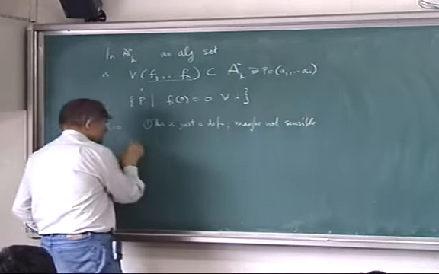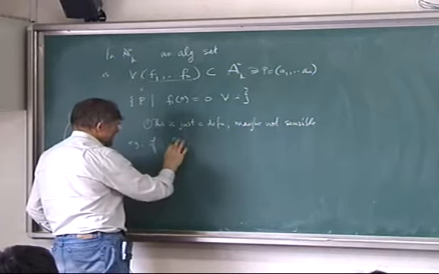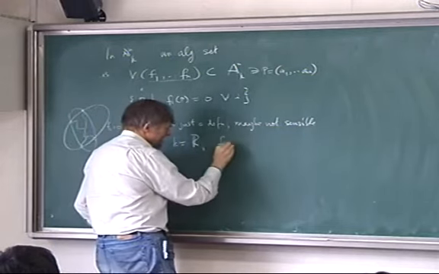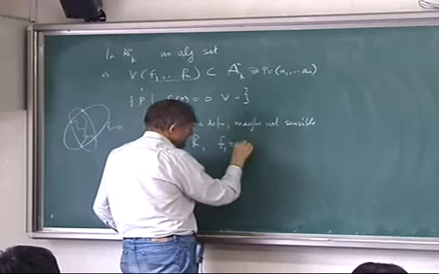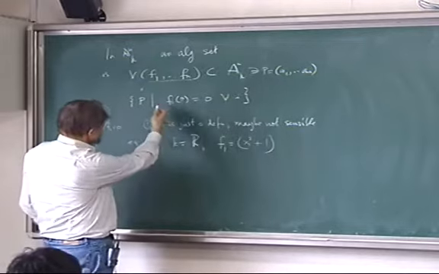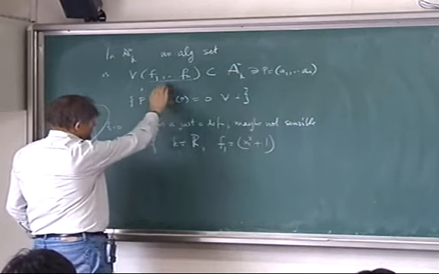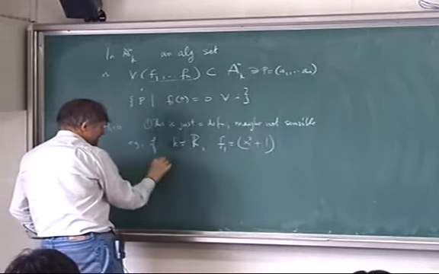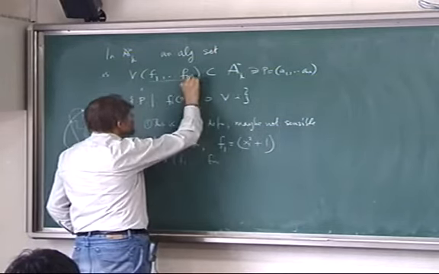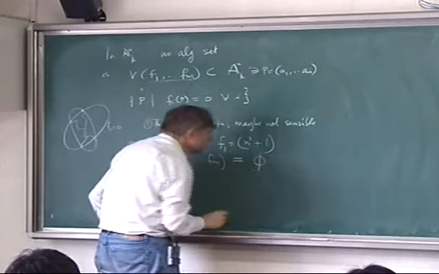So, e.g., if k is the real numbers, and f1 is for example x1 squared plus 1, then you can guarantee, without looking at a2 up to an, and without looking at f2 up to fm, that V(f1, ..., fm) is guaranteed to be empty, right?